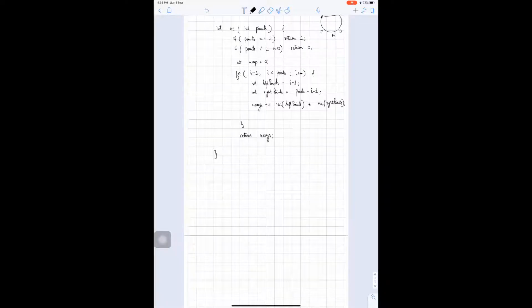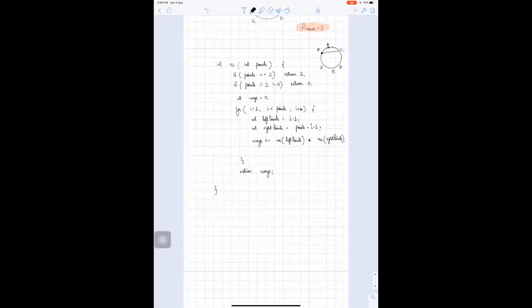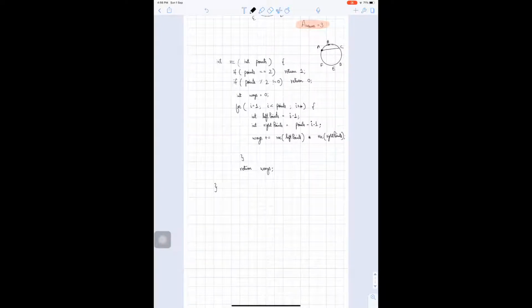But there is a problem in this solution. So let's say if we have 4 points. If points is 4, let's quickly try to run and see what is the remaining issue with our solution. So points is 4. 4 is not equal to 2. 4 is not odd. So we traverse from 1 till 3, right? 1, 2 and 3.